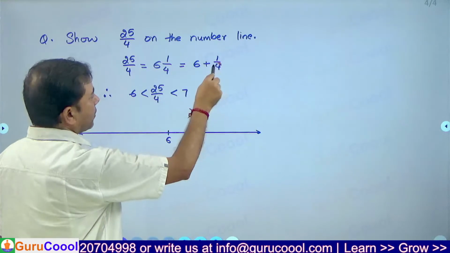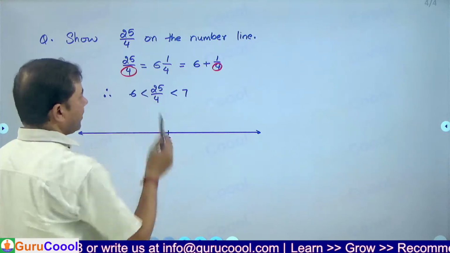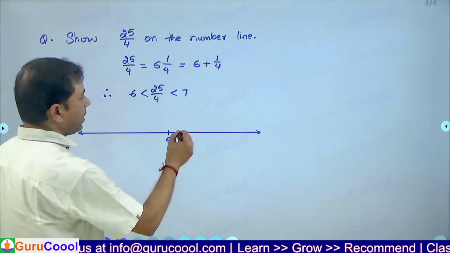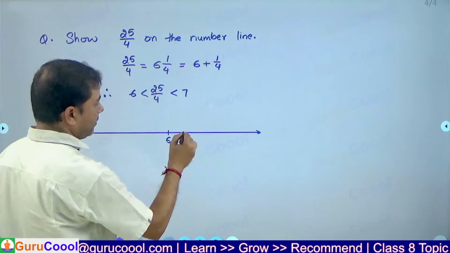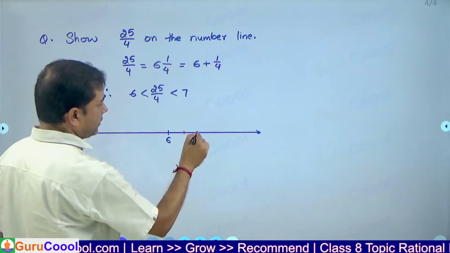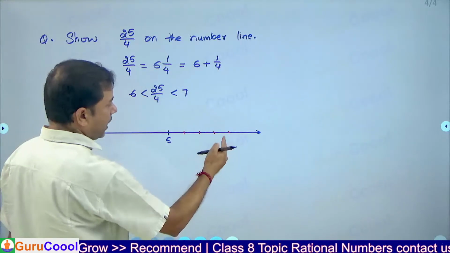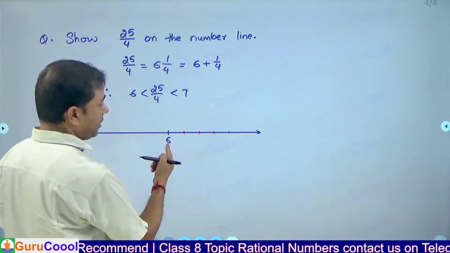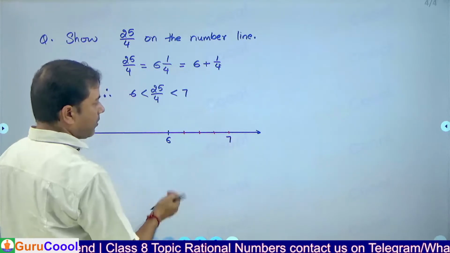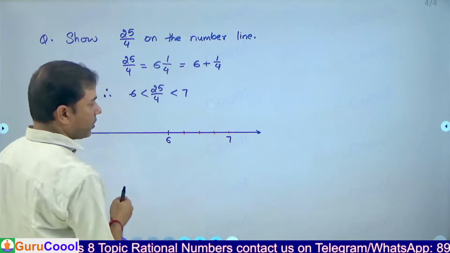Denominator is 4. That means we have to take 4 parts from here. 1, 2, 3, 4. And the fourth point will be the next number 7, because 1 unit traveled more.